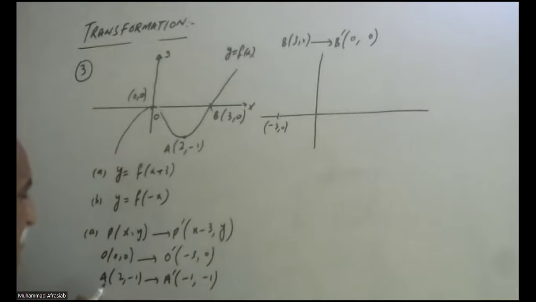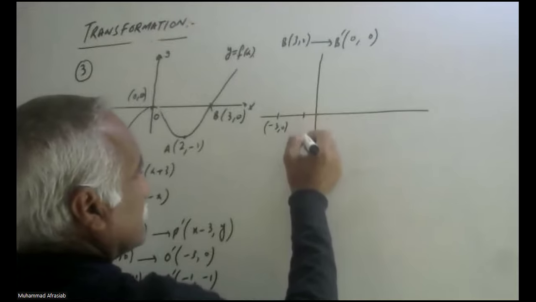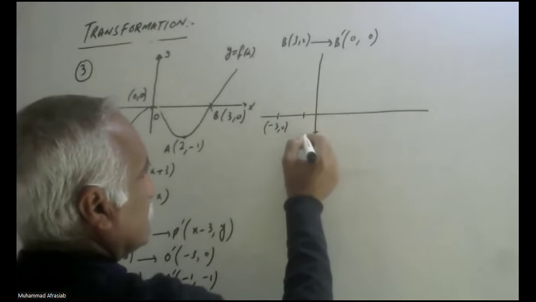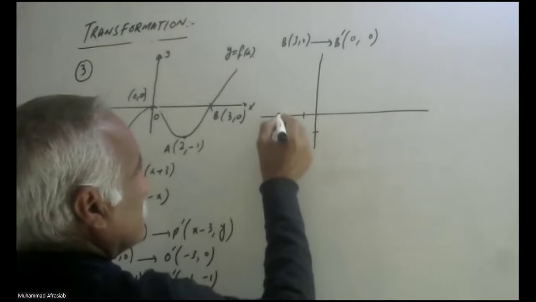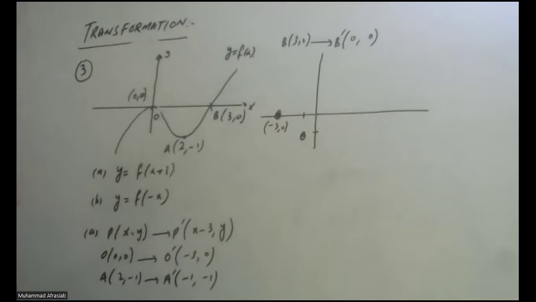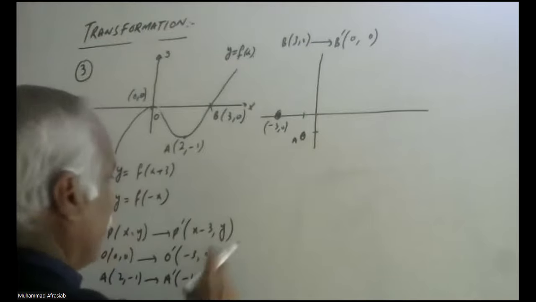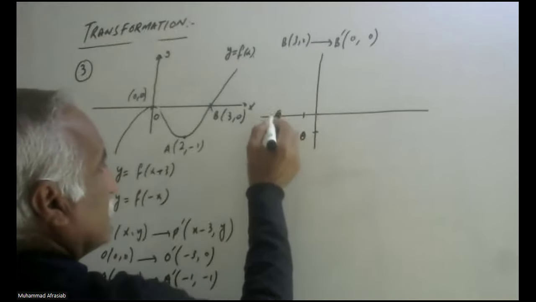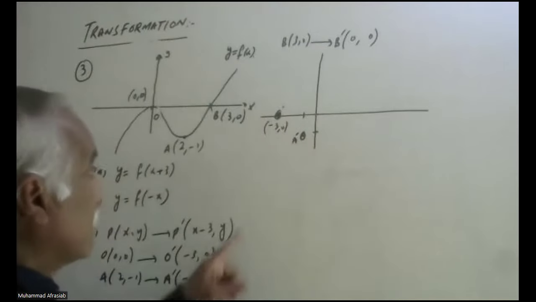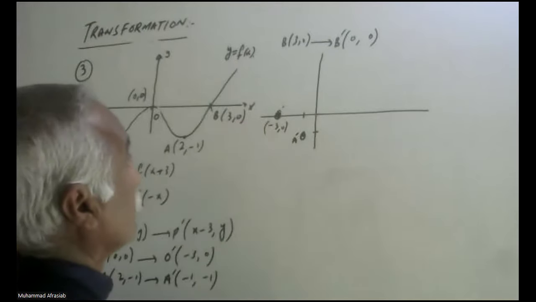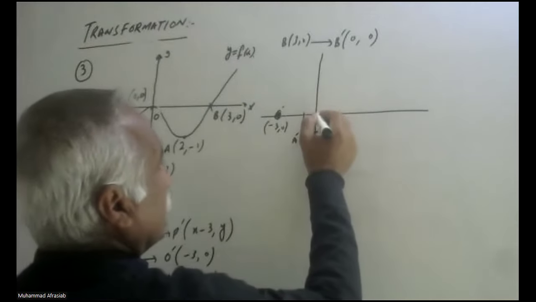This point A becomes A dash, which is (-1, -1). And this point B, (3, 0), becomes (0, 0).